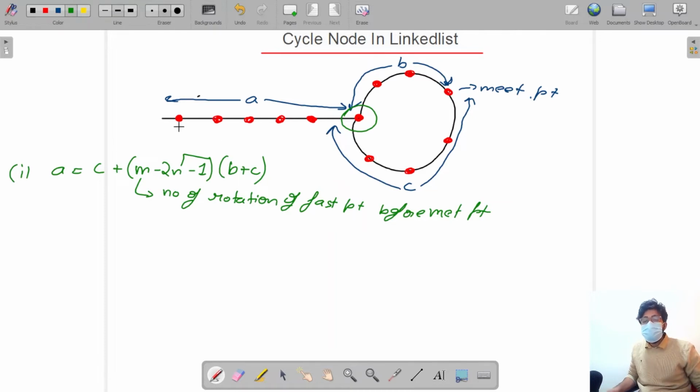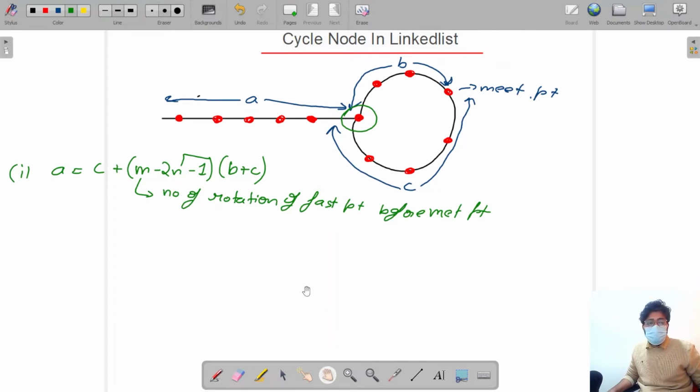In the linked list cycle problem, we take two pointers, fast and slow. We run fast 2 times and slow 1 time, and at some point they meet, right? And if they meet, we know that there is a cycle present. So M is the number of rotations the fast pointer did before the meeting point, and N is the number of rotations of the slow pointer before the meeting point.